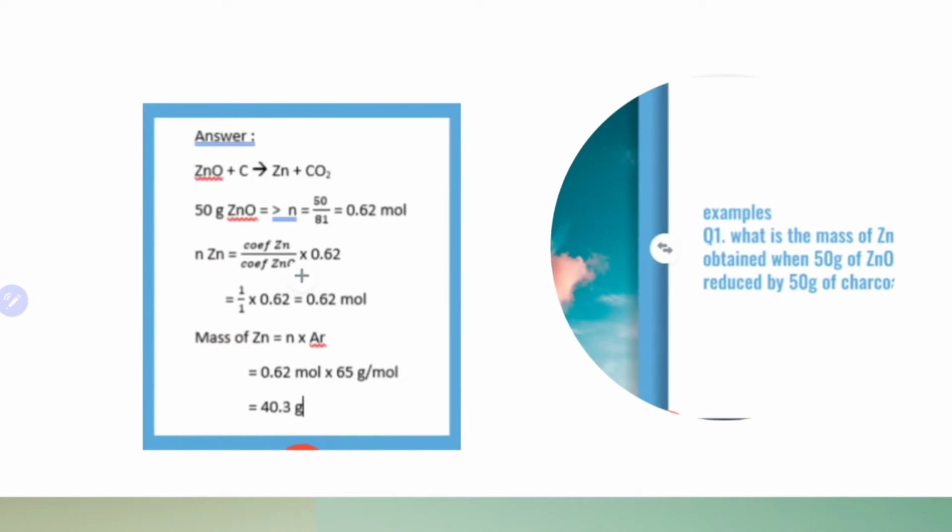We have here an example of calculation. There is a question: what is the mass of zinc obtained when 50 grams of ZnO, or zinc oxide, is reduced by 50 grams of charcoal? The reaction: what is the mass of zinc obtained?